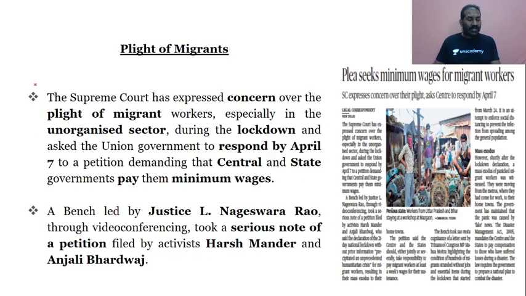And then you have the other one, the plea seeking minimum wages for the migrant workers. This is what the Supreme Court is also putting forward. Because of the national lockdown, as we have seen, the migrant workers were the ones who were mostly affected, and they were stranded across many states.